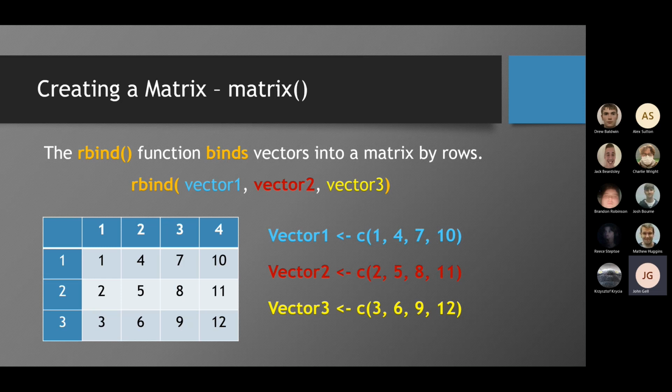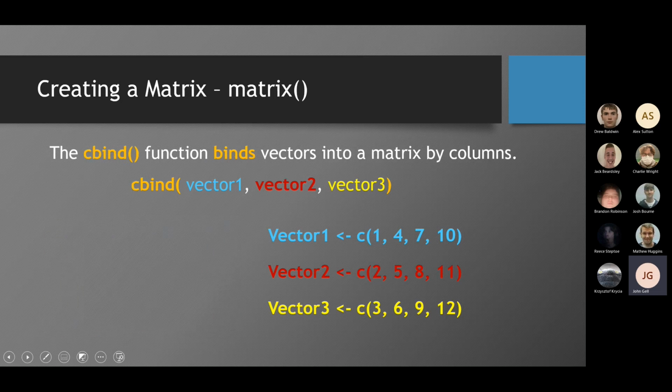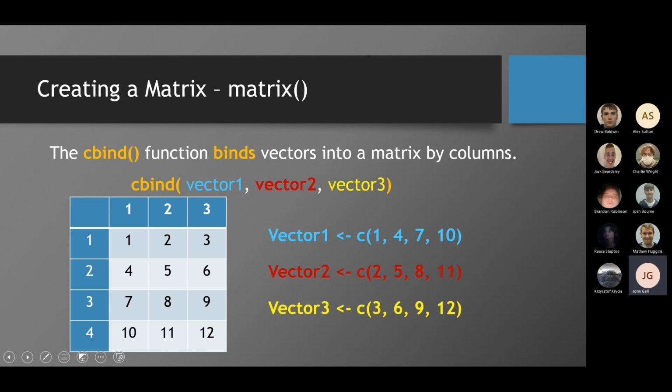I'm less keen on cbind, because I don't see the purpose of it really, unless you're collecting individual sequences of data about a topic, for example sensor data for week 1, week 2, week 3, week 4, etc.